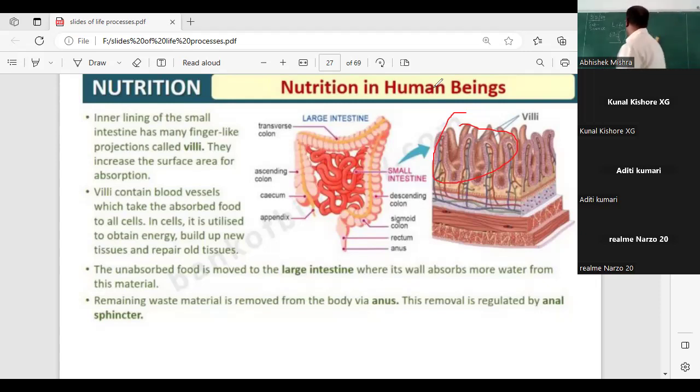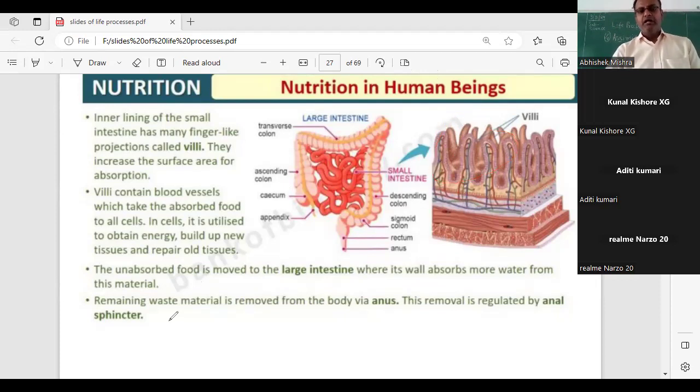And the fourth step, what is the name of the fourth step? We just said the name of the fourth step is assimilation. And what do you mean by assimilation? Assimilation is the process of utilization of the energy from the digested food.